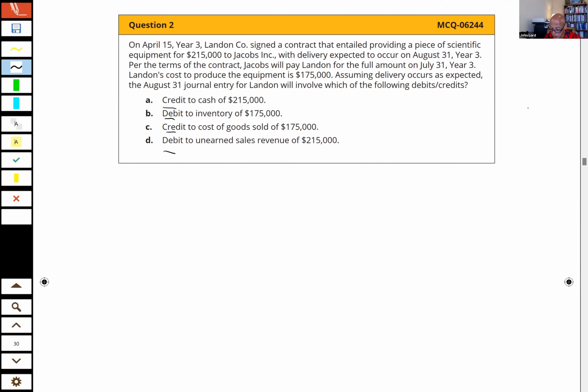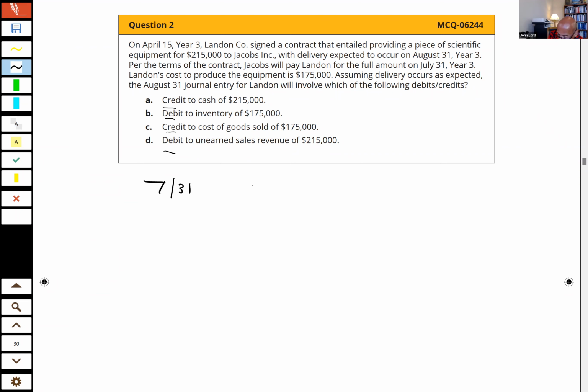Now, you need to look at this and say, well, wait a minute. There is a July 31st transaction, isn't there? I always forget who's who. Okay, so we're doing the accounting for Landon.